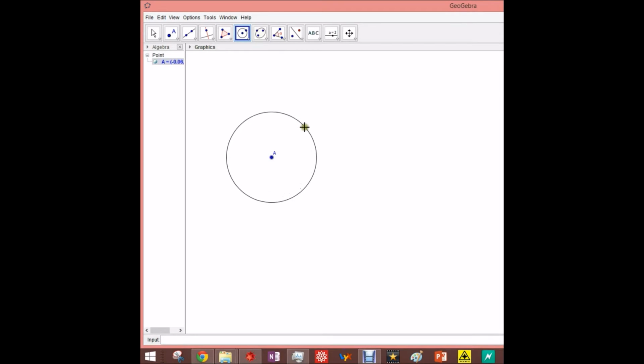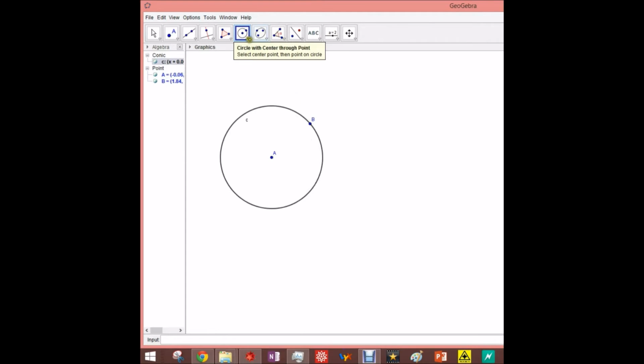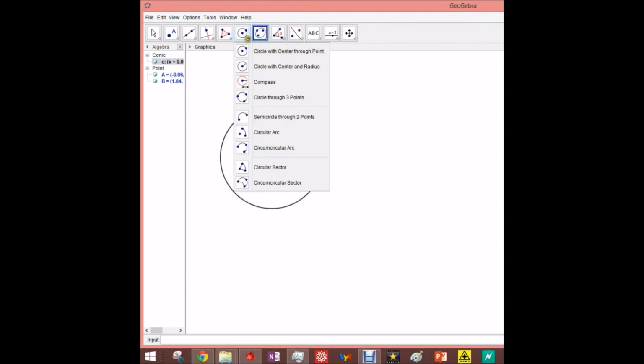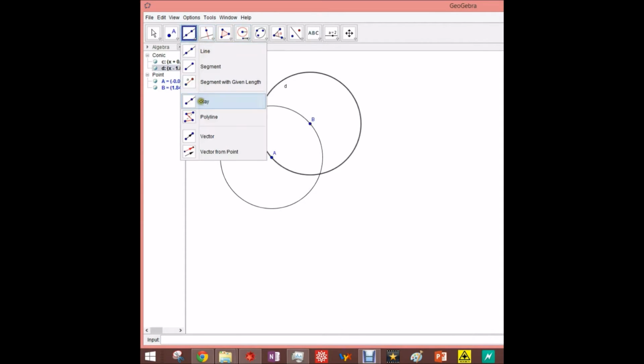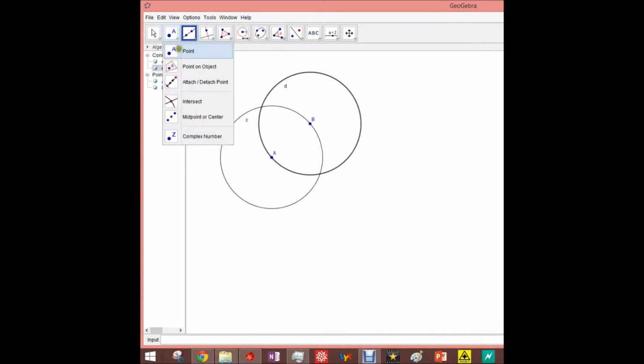So we start with a compass and we draw a circle, and then we set the compass to the same radius, and then we basically just copy that around. So we have to find these intersection points.